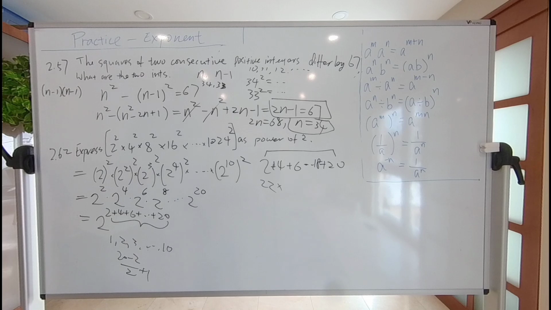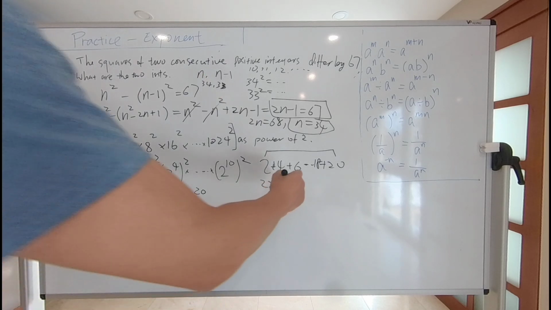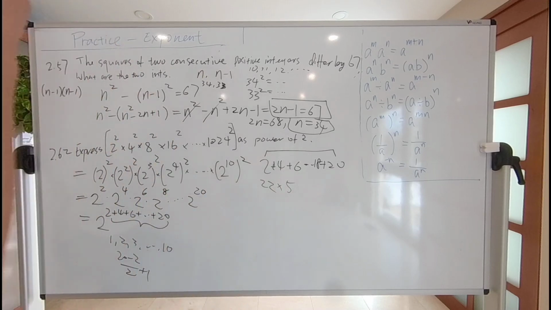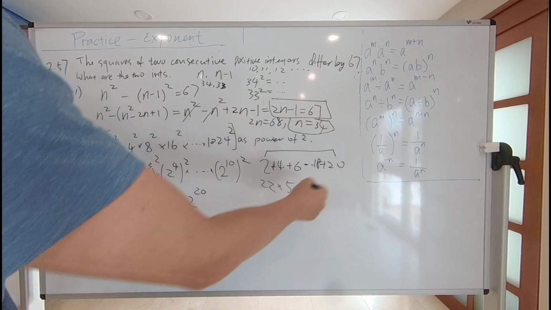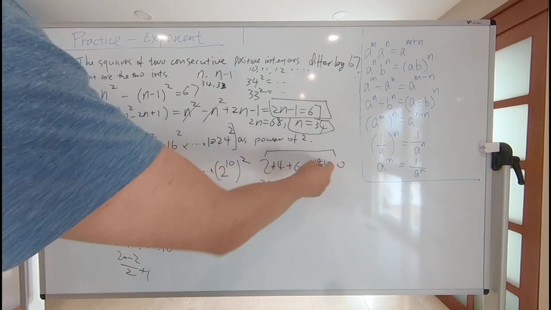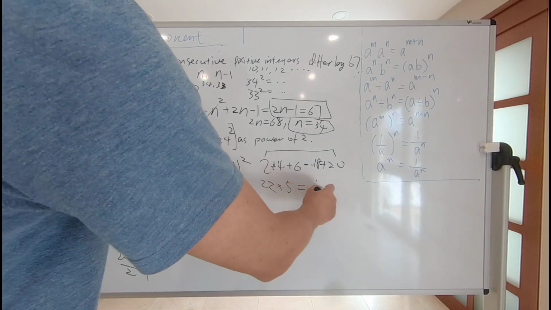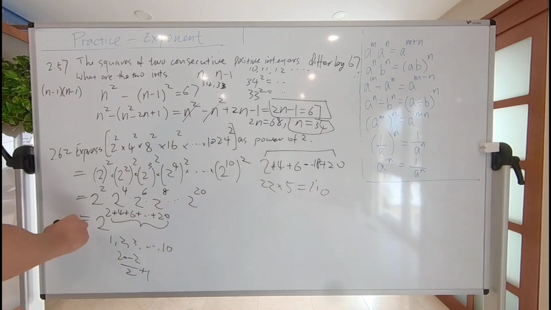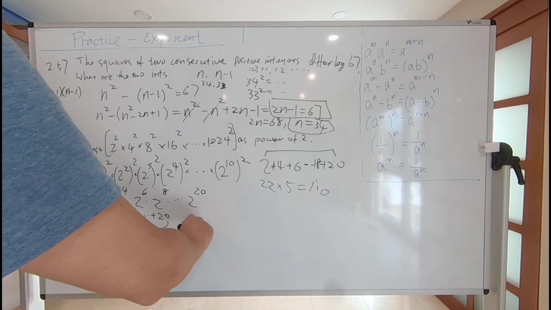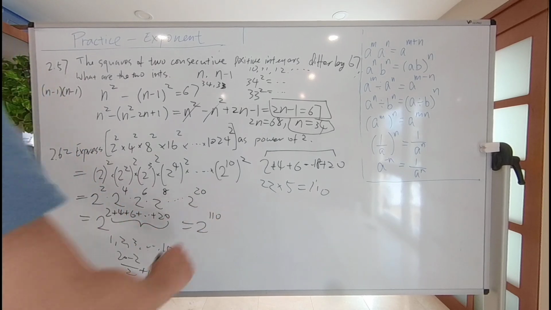This will also give you the count of a sequence. But anyway, the count is 10. 10 means I have 5 pairs. Each pair adds up to 22. So this is 110. So eventually this expression is 2 to the power of 110.